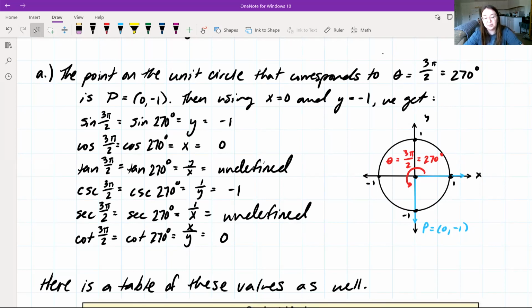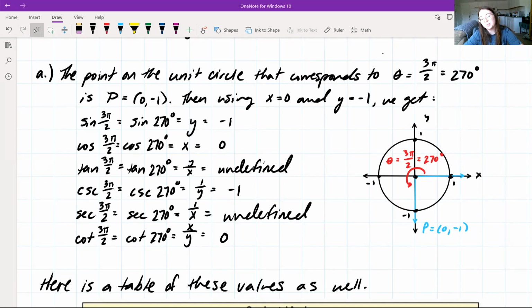Cosecant of 3 pi over 2, or 270 degrees, is equal to 1 over y, which is equal to -1, because we have 1 over -1. Secant of 3 pi over 2, or 270 degrees, is 1 over x, where x is 0, so it's undefined. And lastly, cotangent of 3 pi over 2 is equal to x over y, where x is going to be 0, y is -1.